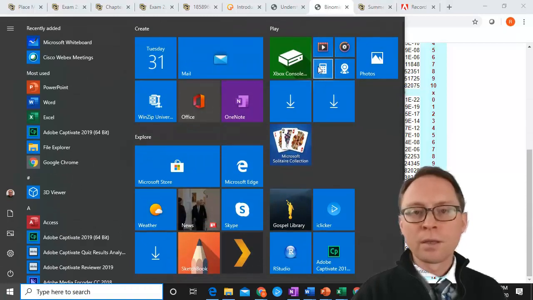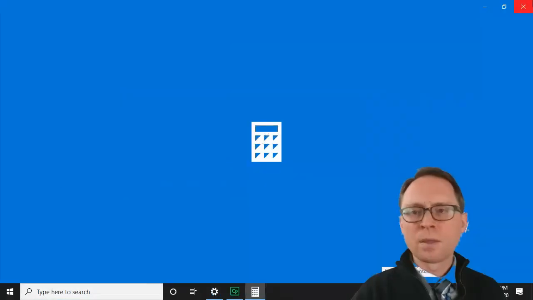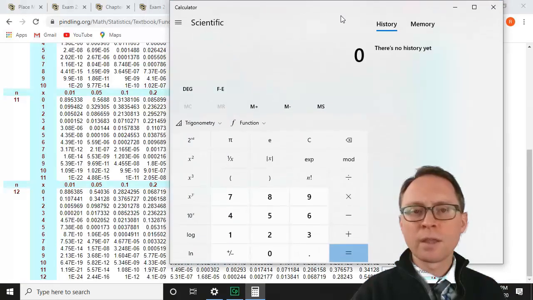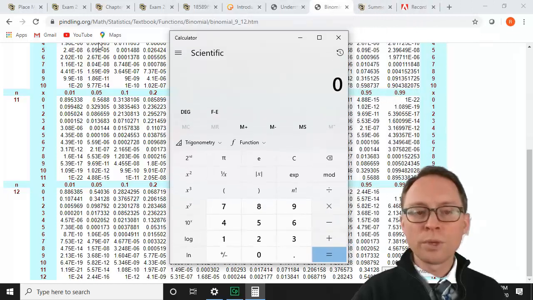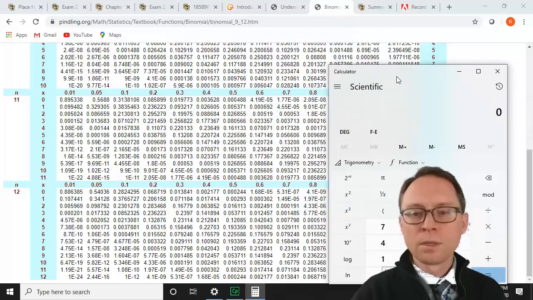And just to make sure that you can see that it's less than 0.05, let me show you on a calculator what we're discussing. All we're doing is adding up those probabilities.